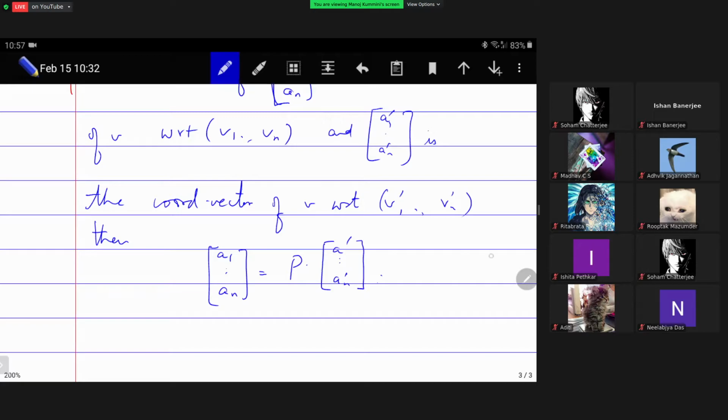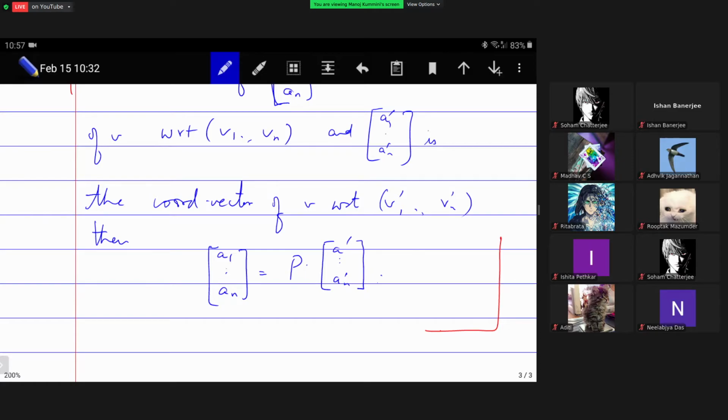This is what we mean by change of coordinates, and it is given by expressing v prime i in terms of the v basis, and so on. That's how we get this matrix.